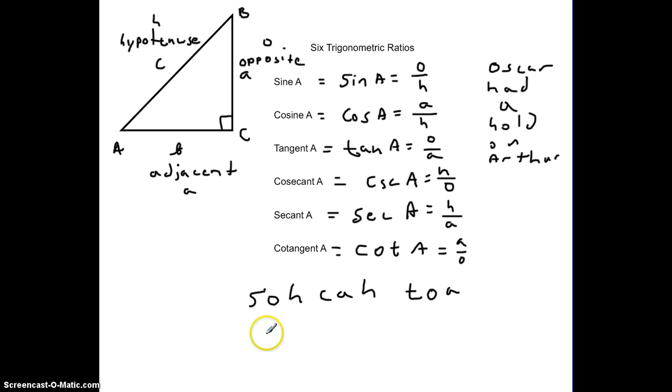So it looks like a Native American word, so we could call that Sokoto, or however you wanted to pronounce it, but a lot of people will remember it that way. So remember in Sokoto they can remember sine is the opposite over hypotenuse, cosine is the adjacent over hypotenuse, tangent is the opposite over the adjacent.